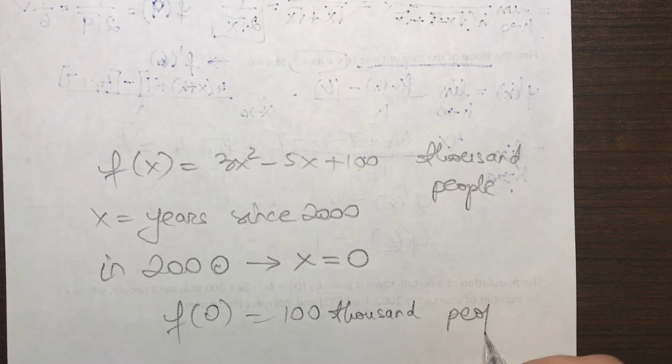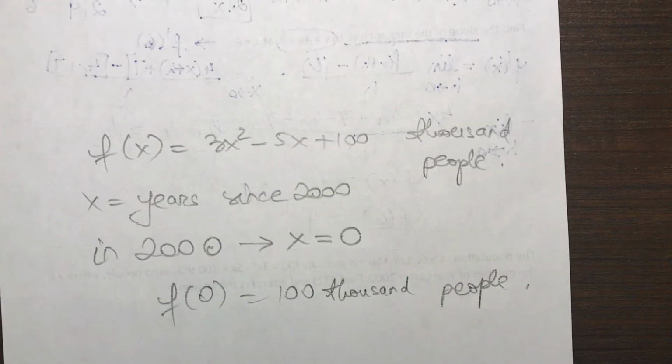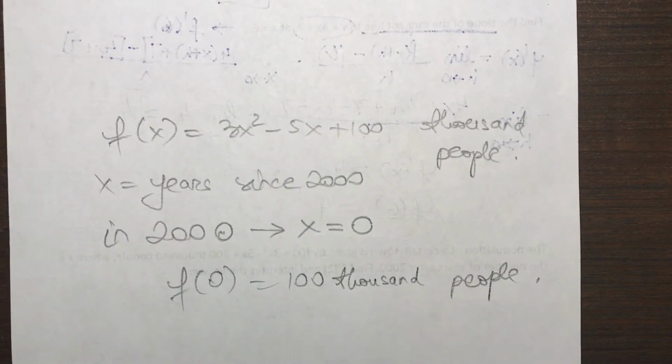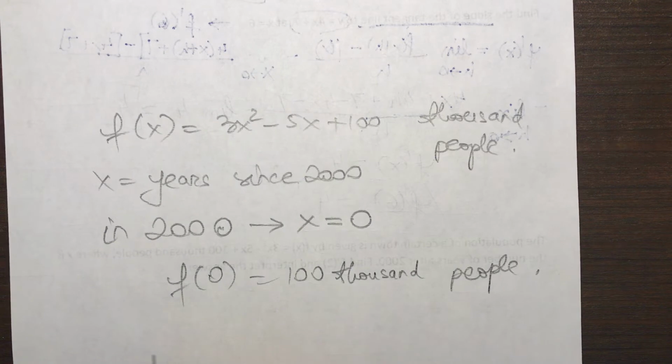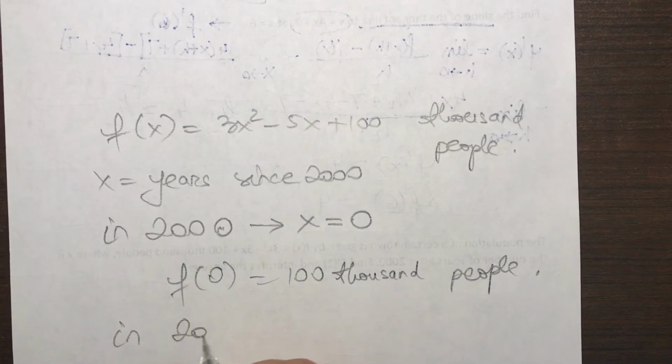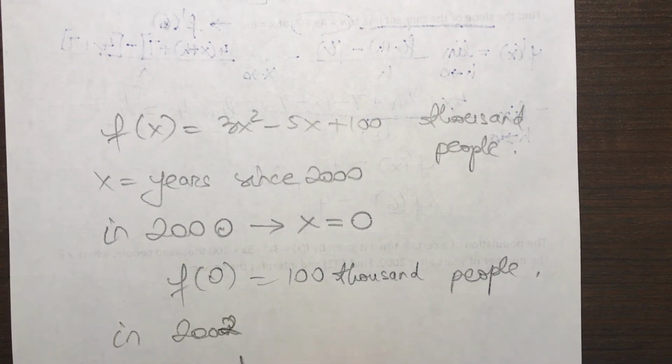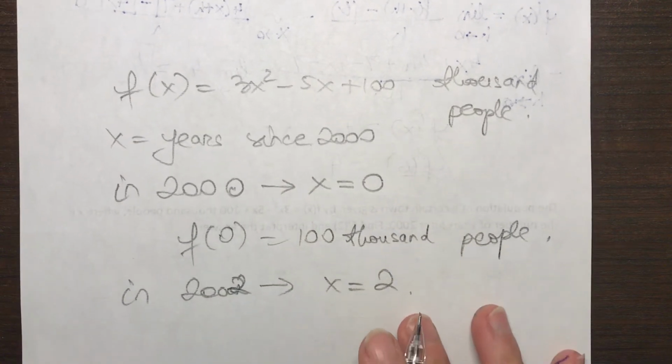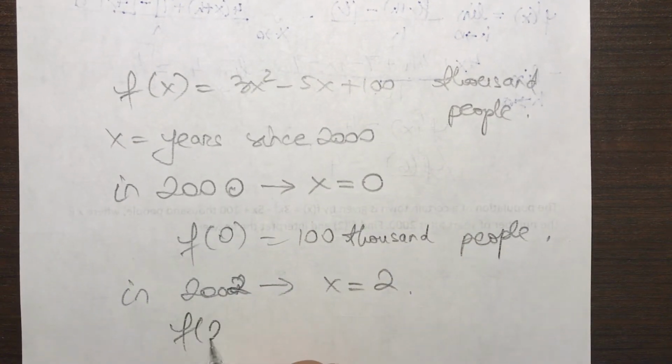So this population started at 100,000 people. What would be the population, let's say, by year 2002? Well, in 2002, x is 2. So what's the population 2 years later?